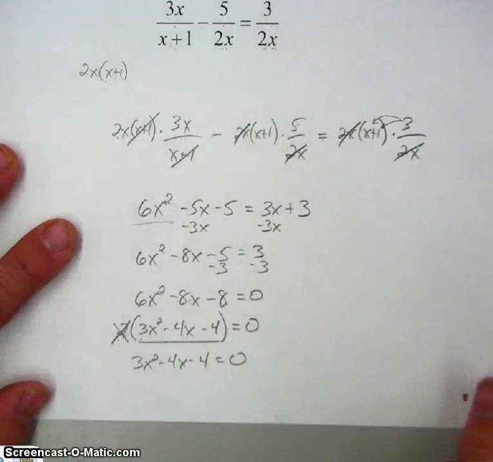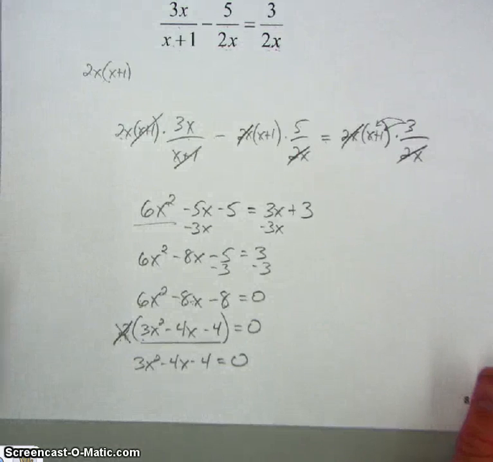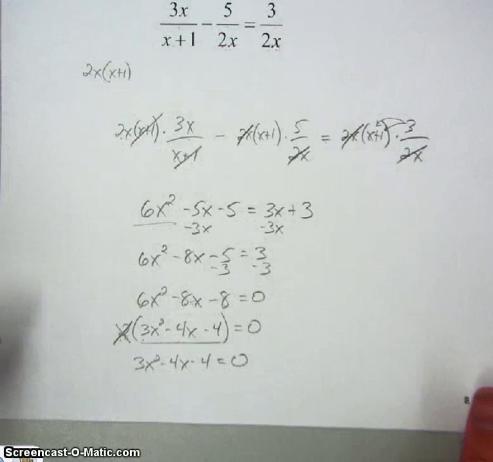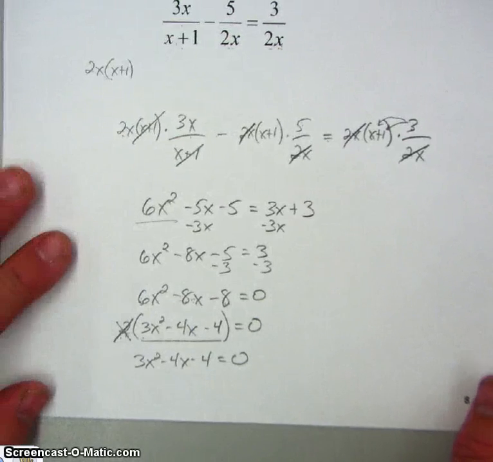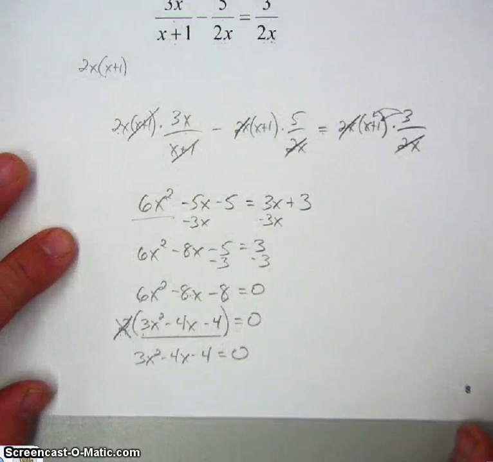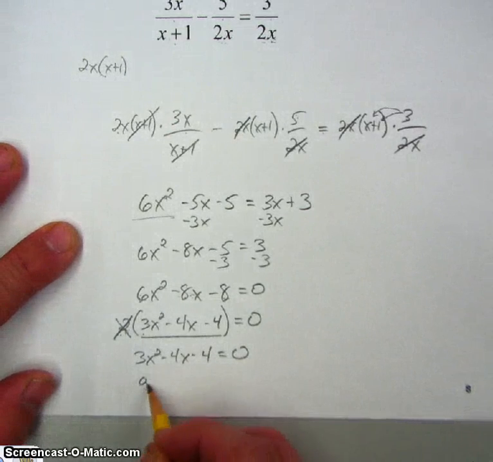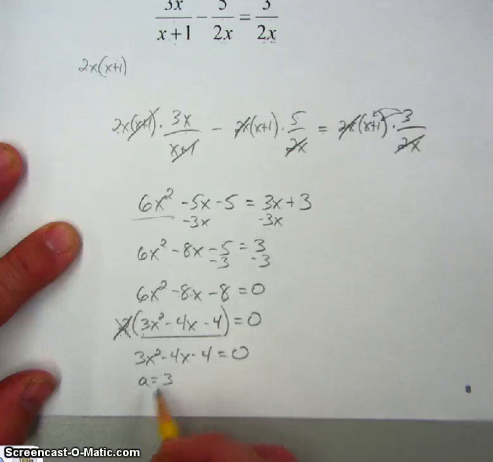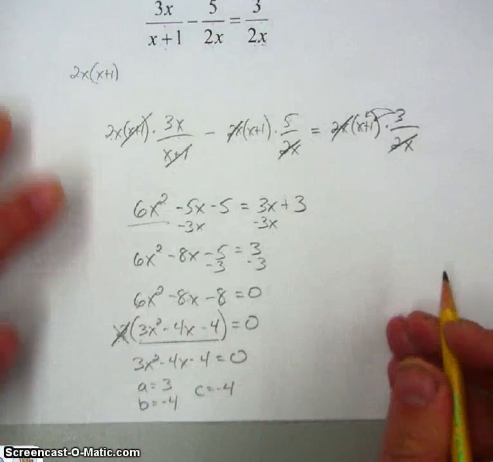All right, so we can try factoring, or if you don't like doing factoring, then you can always use the quadratic formula. In this case, I'm going to use the quadratic formula because in the last case, I factored it, so that we have a little review of both. A is equal to 3, B is equal to negative 4, C is equal to negative 4.